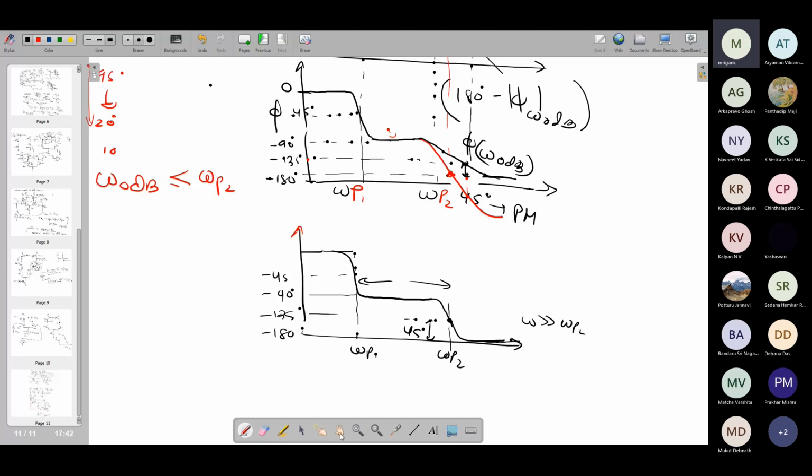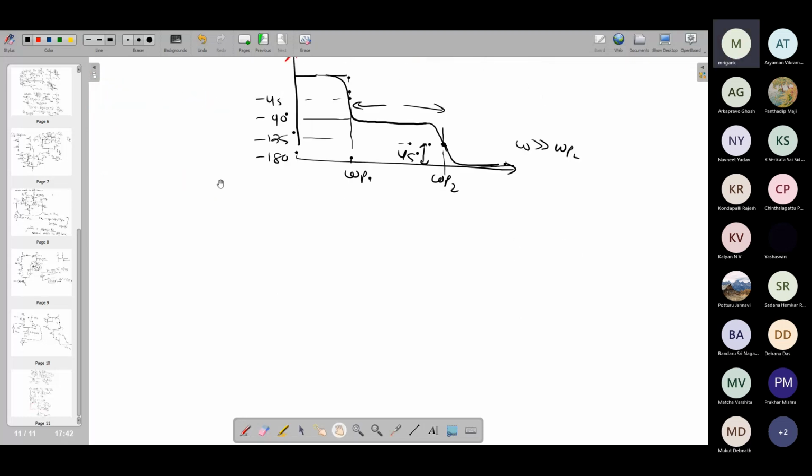So in terms of the gain magnitude plot, if I look at it, if my gain magnitude plot is hitting omega 0 dB with a minus 20 dB per decade slope, this is 0 dB and this is omega 0 dB.